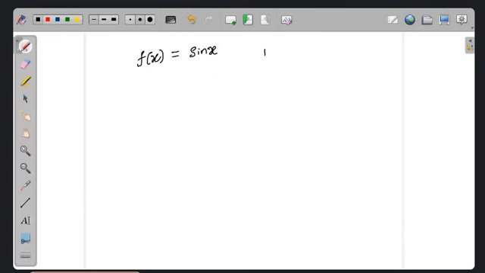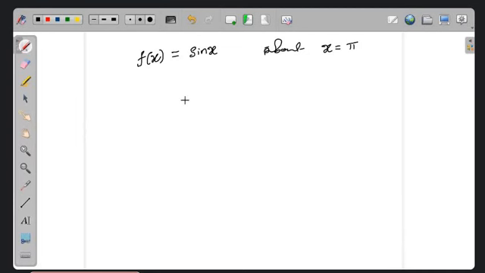Now you need to find the Taylor series expansion of sin x about x equal to pi. So about x equal to pi, we need the Taylor series expansion of sin x.